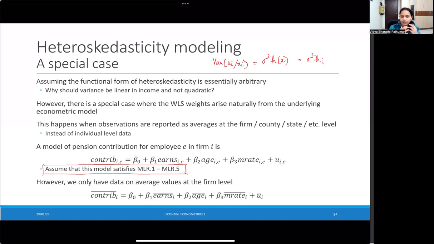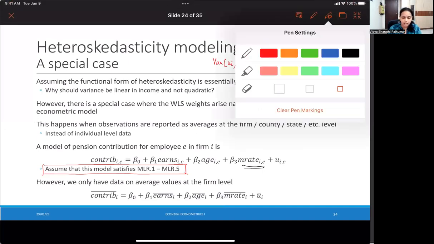There are e employees, and let's say we have i different firms. Every employee's contribution to their pension fund is a function of their income, their age, and the m rate variable, which gives us the contribution from the company to the employee's pension fund.